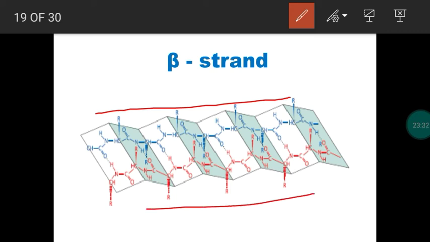Both are making a sheet-like structure between the strand. What is the interaction? Hydrogen bonding. So hydrogen bonding is formed between the carbonyl oxygen of one amino acid and amino hydrogen of adjacent strand. So between the two strands, there will be hydrogen bonding. So this is called a beta sheet or beta strand.